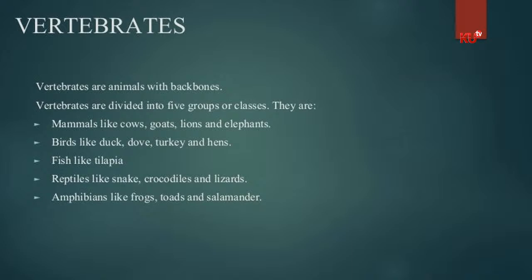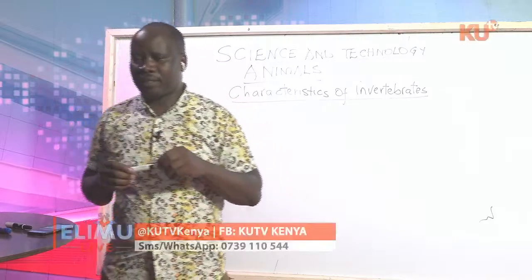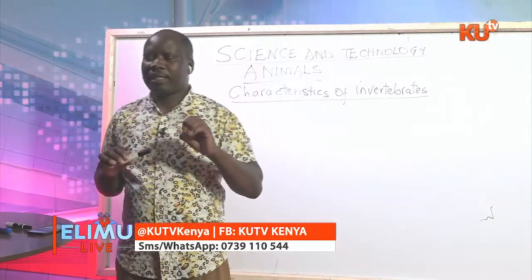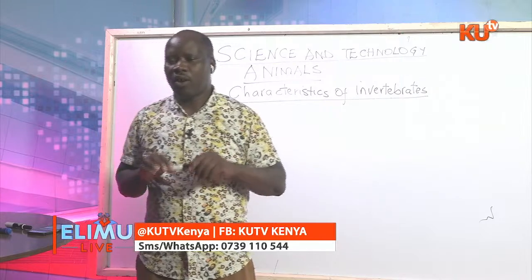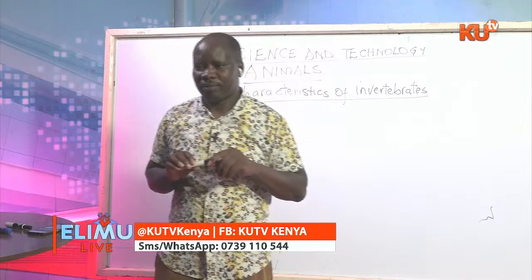And the first category of vertebrates, as we did in grade 5, are mammals. Examples of mammals are like cows, goats, lions, and elephants, among others. That's the first category of vertebrates, which is mammals.